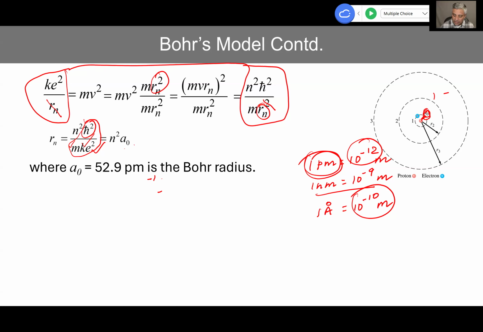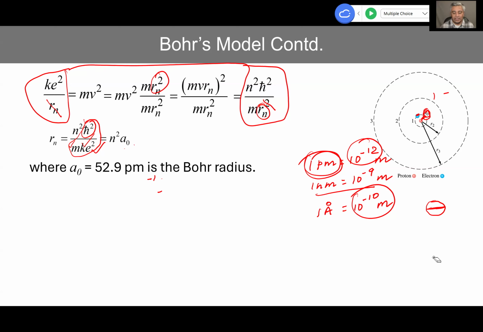So that is the ground state. So that is also the size of a hydrogen atom. So how big is the hydrogen atom? The radius of hydrogen is half angstrom. So the diameter is going to be double of that, so around 1 angstrom. So atomic size is 1 angstrom.